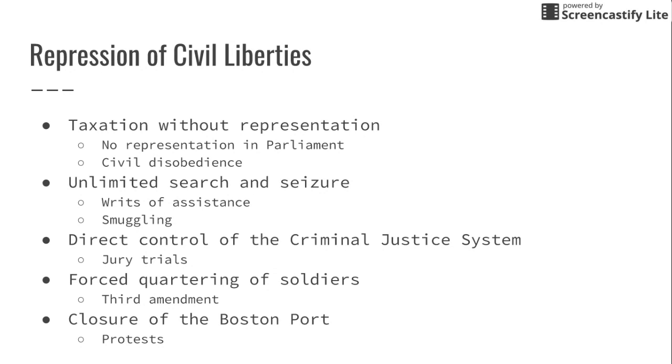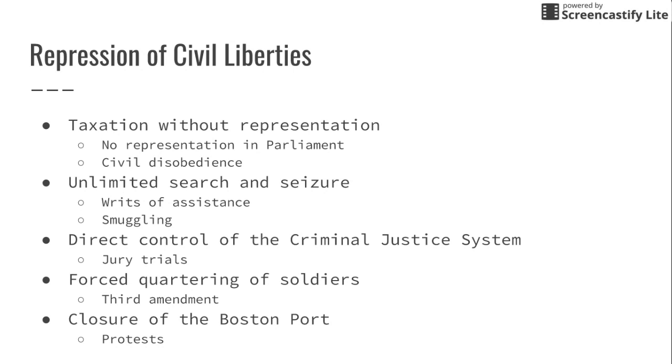And so this repressed the colonials of their freedom and privacy. The Quartering Act was also another example of repression of privacy. The colonials were forced to give up their houses to accommodate British officials, despite not wanting to. But it did change after several protests, and the Third Amendment took place prohibiting this.